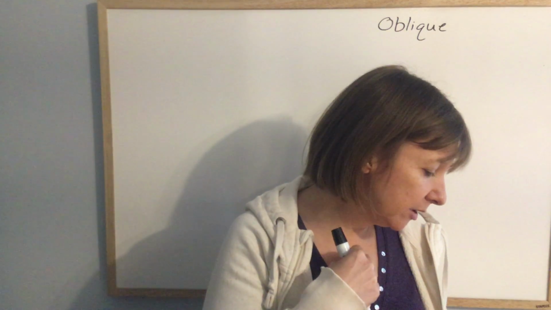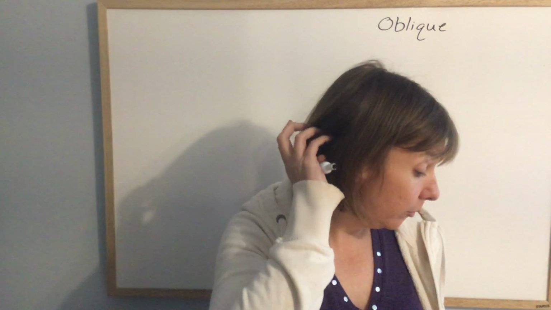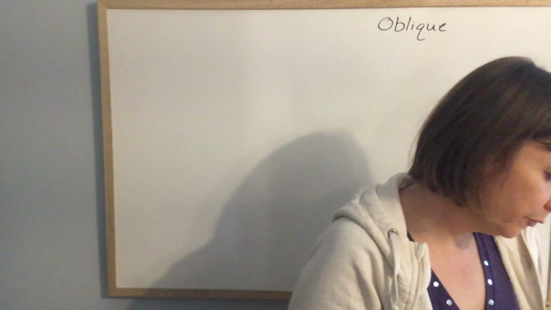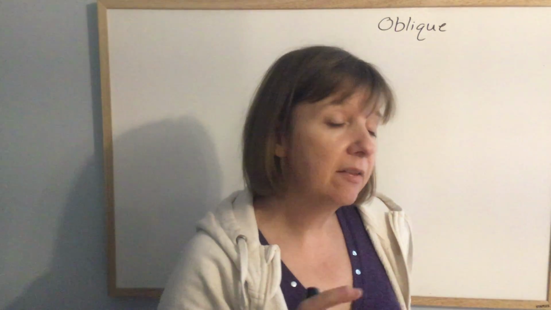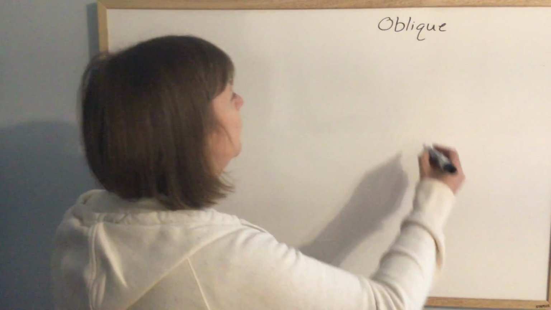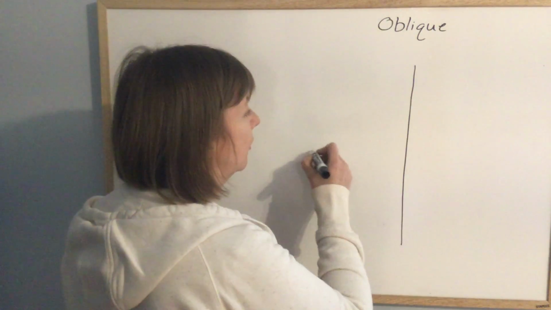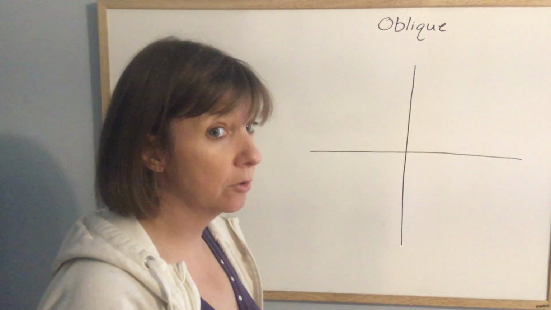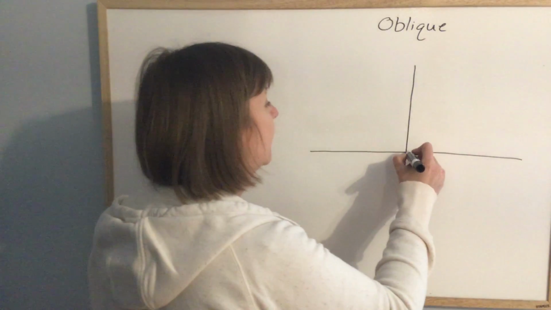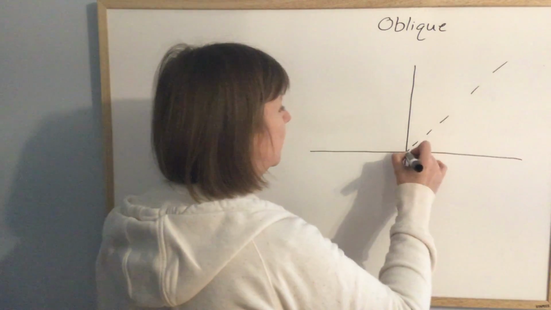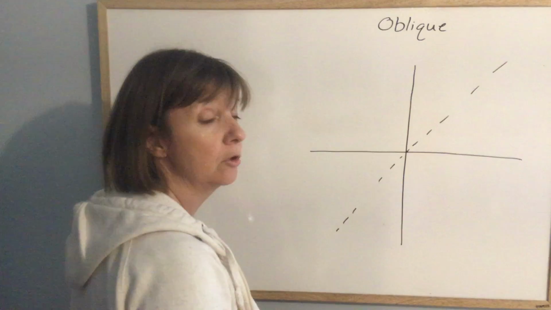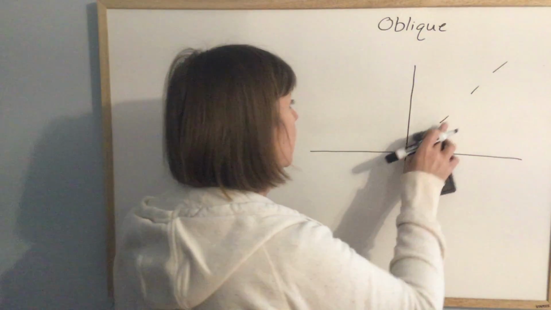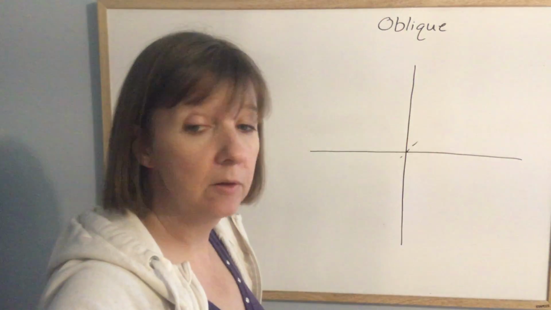So I'm actually looking at example 4 on page 356. So an oblique asymptote goes in some way diagonally through your graph. It might go exactly diagonally through your graph. Could do that. Or it could go somewhere else diagonally.